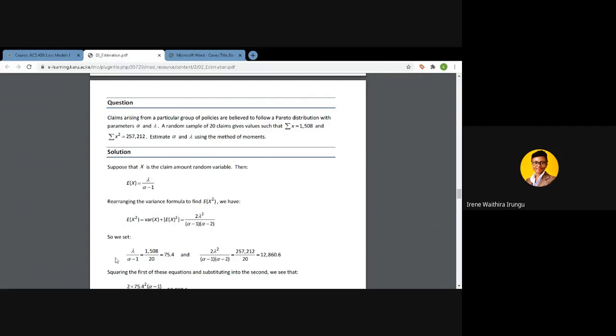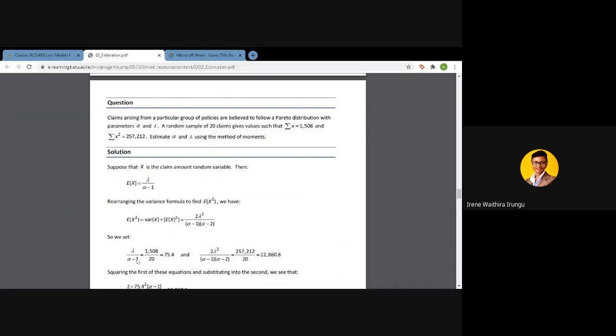And for the second equation, we are equating the second moment. We have expressed our second moment using the Pareto distribution and its corresponding unknown parameters. Now you can equate that to the second moment for our sample, which again is given by the summation of x squared divided by our sample size. So we have this.